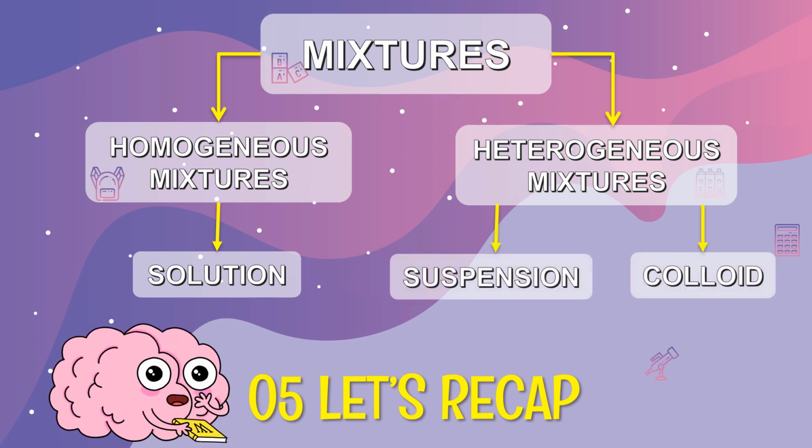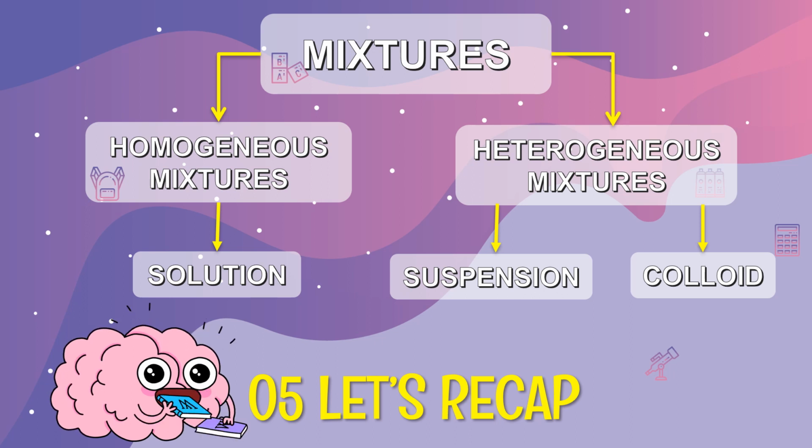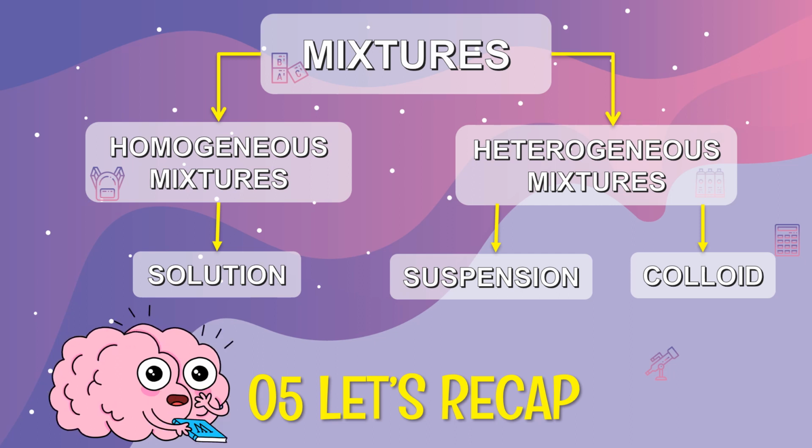The two types of heterogeneous mixtures are called suspension and colloid. The suspension has bigger particles that cause it to settle down, while the colloid has very small particles that stay suspended for a longer period of time in the other substance.